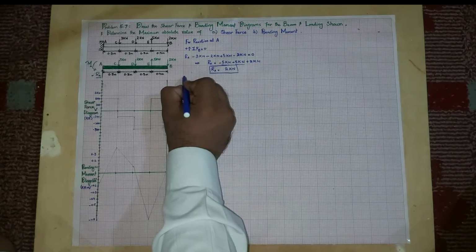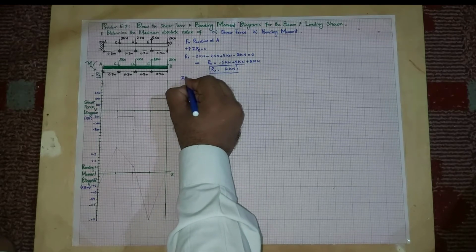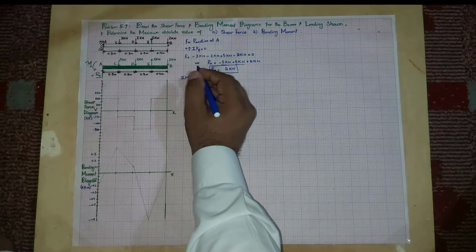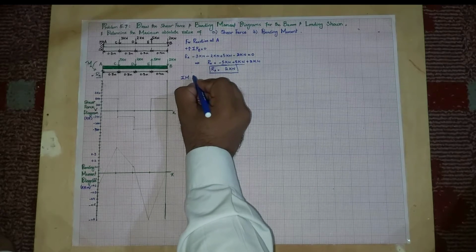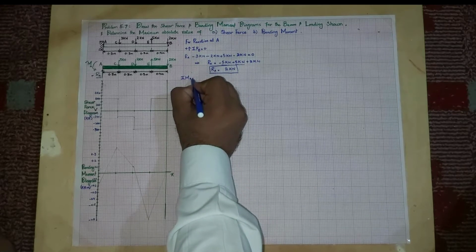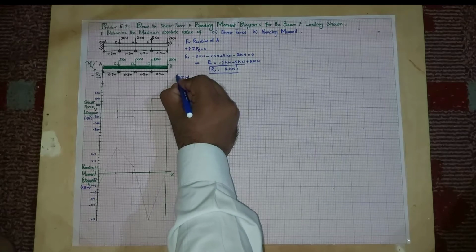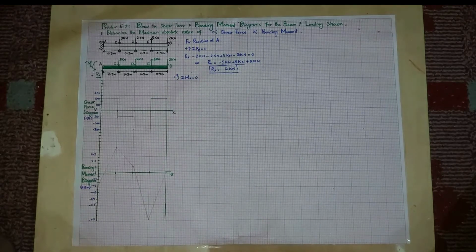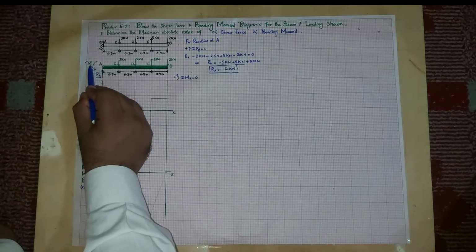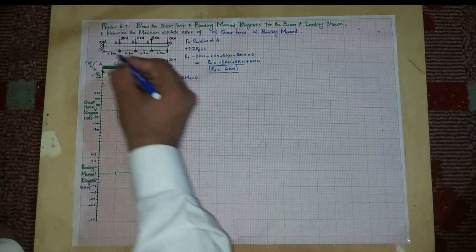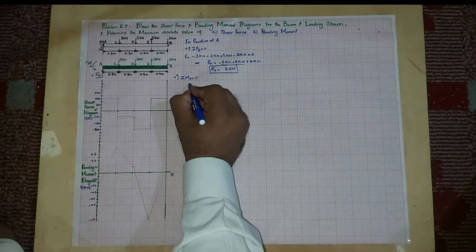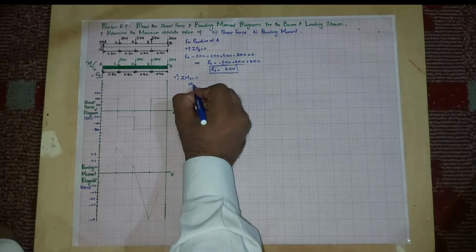Now we will find the moment at point A. The sum of all moments at point A must be equal to 0, and counterclockwise moment is taken as positive. At point A there is a reaction moment in the counterclockwise direction, so MA will be positive.